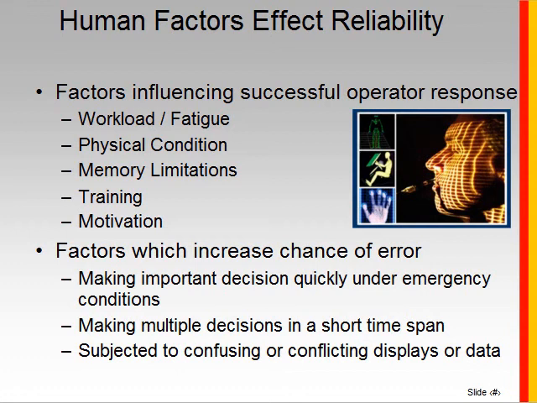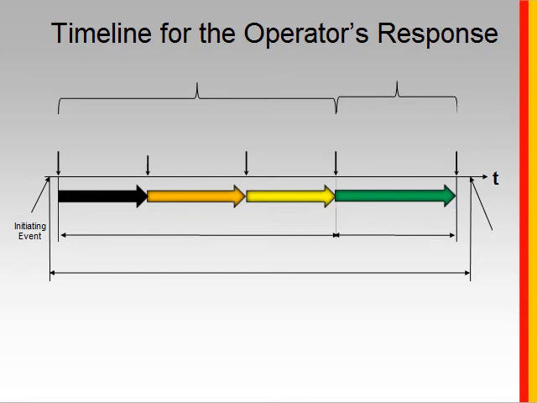Also, needing to make multiple decisions in a short time span certainly increases the chances of making an error, and being subjected to confusing or misleading data, or data that conflicts, like on an HMI display, also increases the chance of making an error. And part of what we're going to talk about with alarm management and the recommendations of the ISA standard is how to minimize those factors that increase the chance of the error.